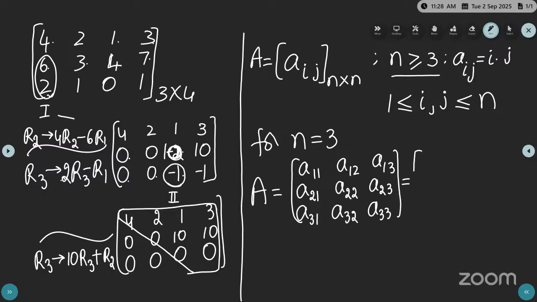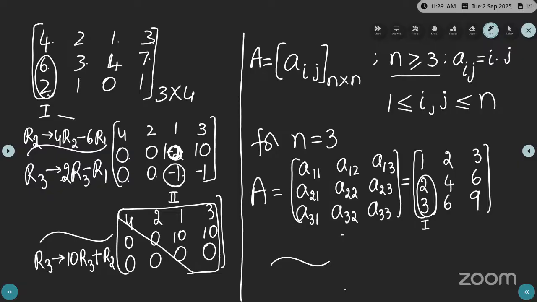This is equal to, what is A11? 1 into 1, 1, 2, 3. 2, 4, 6. Next, 3 into 1, 3, 6, 9. I'm going to convert this into upper triangular form in the first step. Make these two zeros using the first row element.